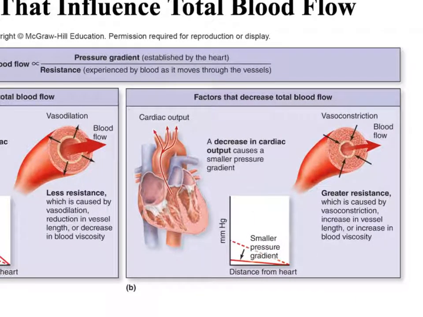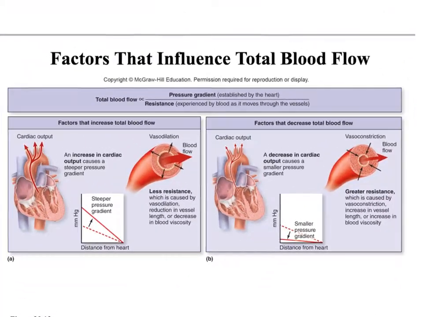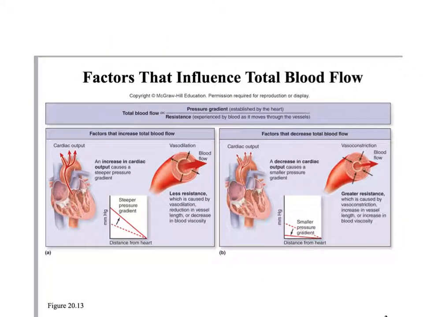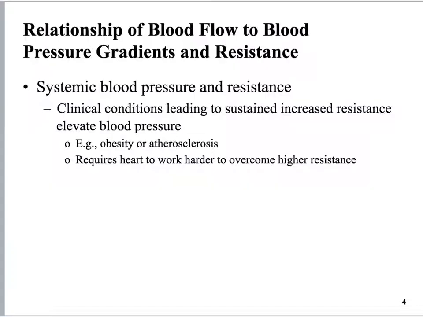Any decrease in cardiac output, all right, and how this relates to pressure, inversely. So this relationship, cardiac output, pressure, resistance, there's a direct proportional relationship between those. All right.